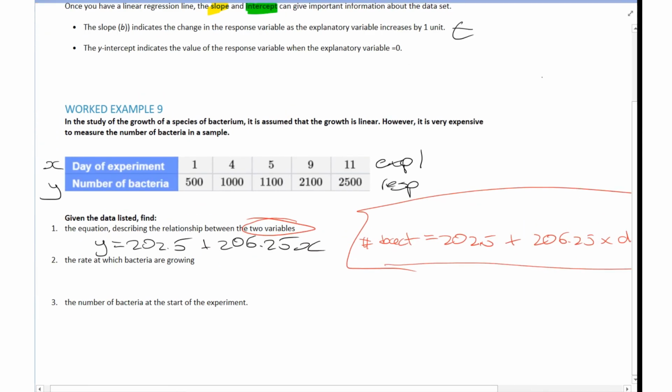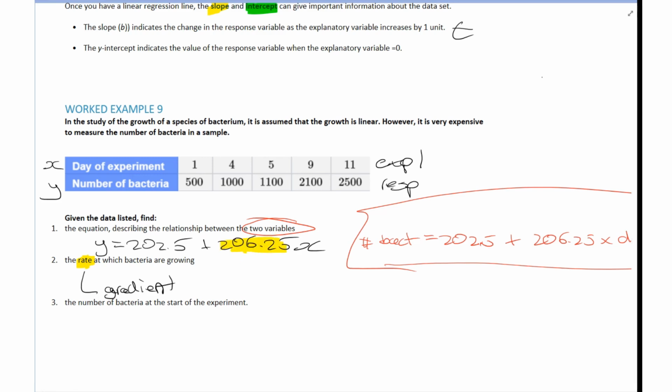So for the rate at which the bacteria are growing, the hint here is rate. Rate corresponds to gradient, and our gradient is this one here.